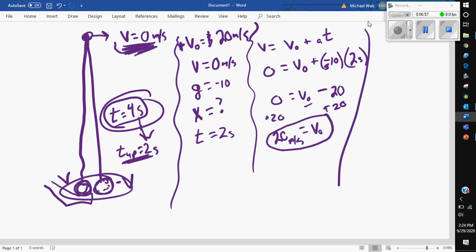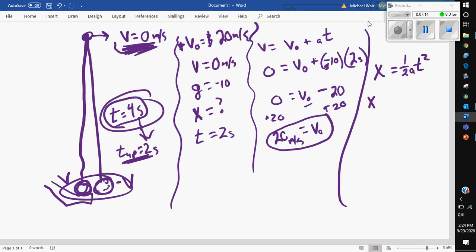Okay, so now we can find our displacement a couple different ways. I'm going to just find it with this formula, the same one that we used in the beginning, or that first problem.